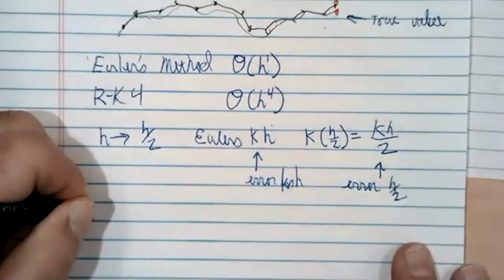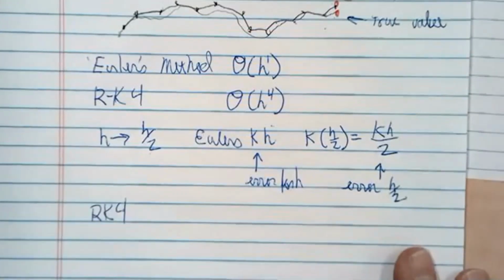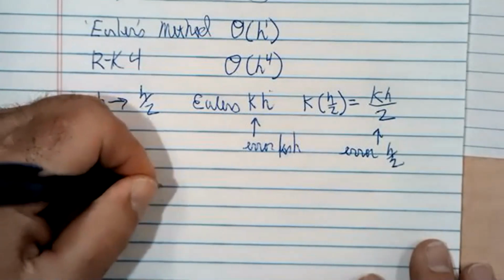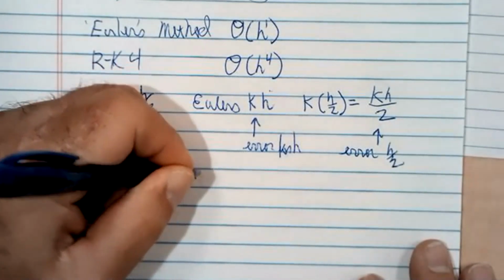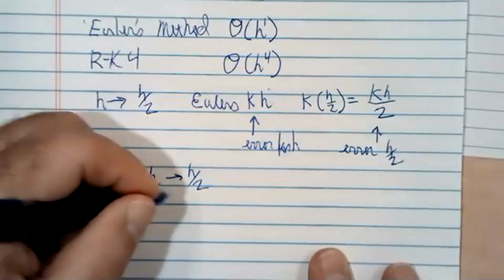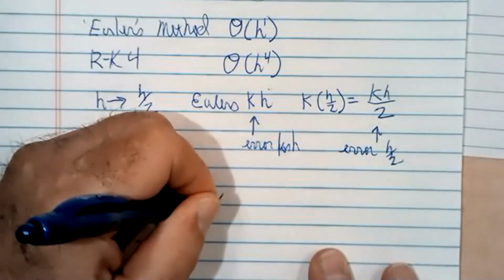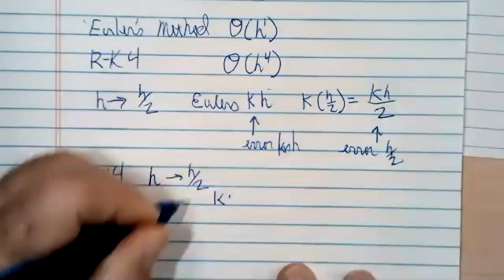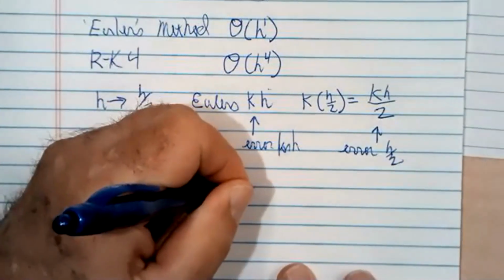Okay, how about Runge-Kutta 4? Suppose we start with step size h and we move to step size h over 2. Well, RK4 would say this. At first, you would expect an error that looks something like k times h to the 4th.